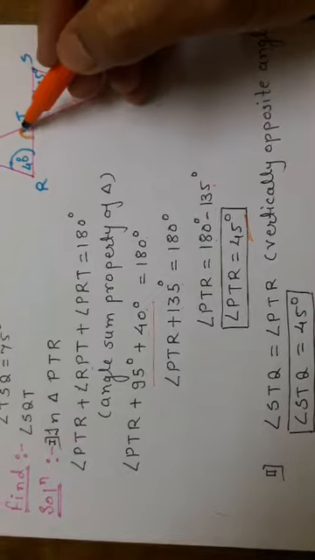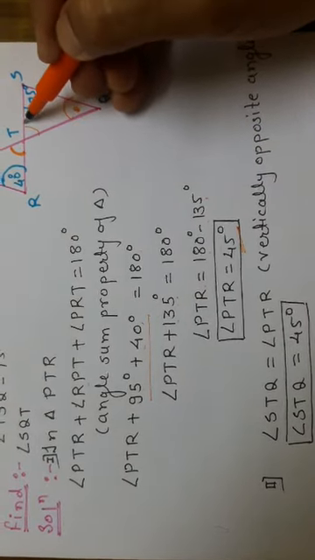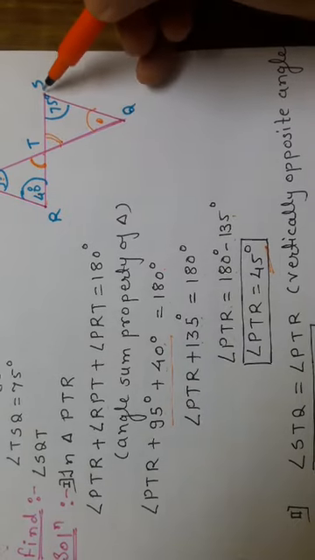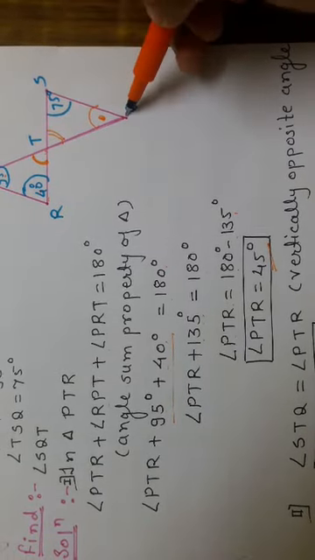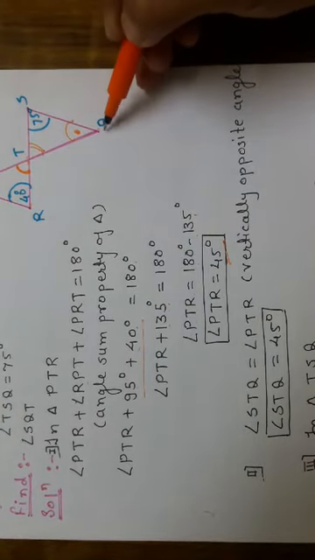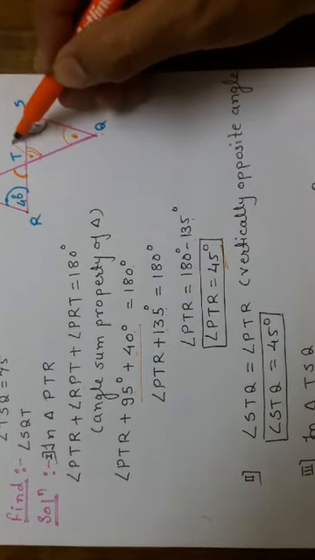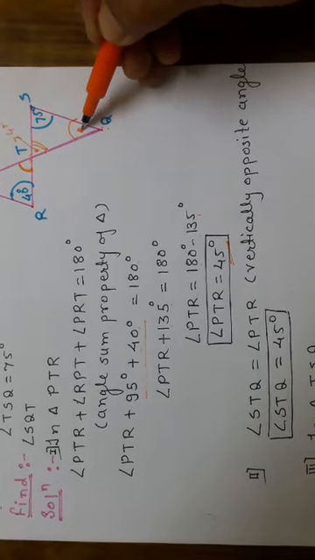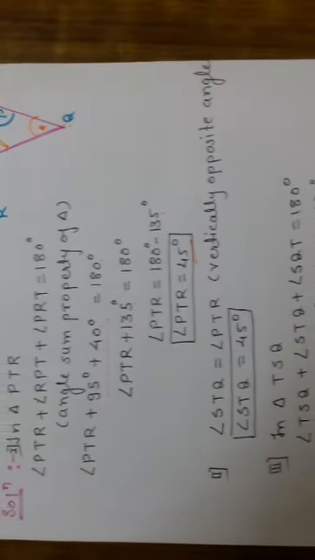Now this angle and this angle are vertically opposite. Vertically opposite angles are equal. So angle STQ is 45 degrees. Now in triangle TSQ, two angles you know: this is 45 degrees, this is 75 degrees. So can we find the third angle by the angle sum property of a triangle?